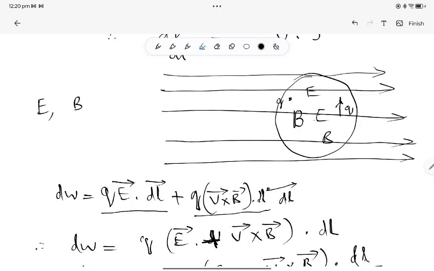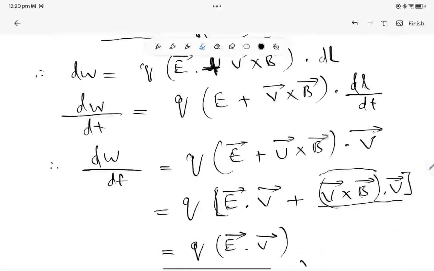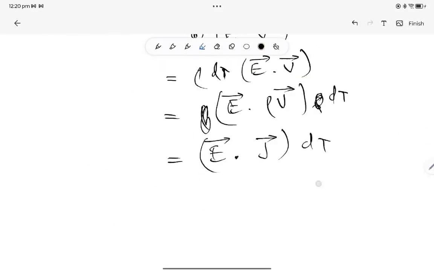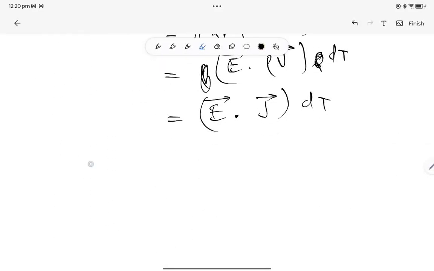Quite easy. Now the total power delivered is P, equal to the integral of this over the whole volume, E dot J d tau.